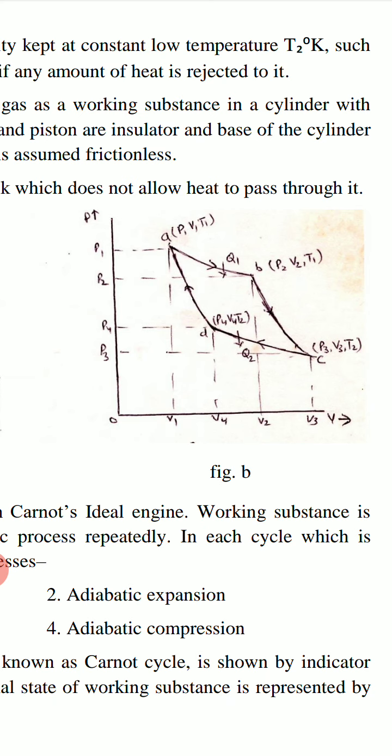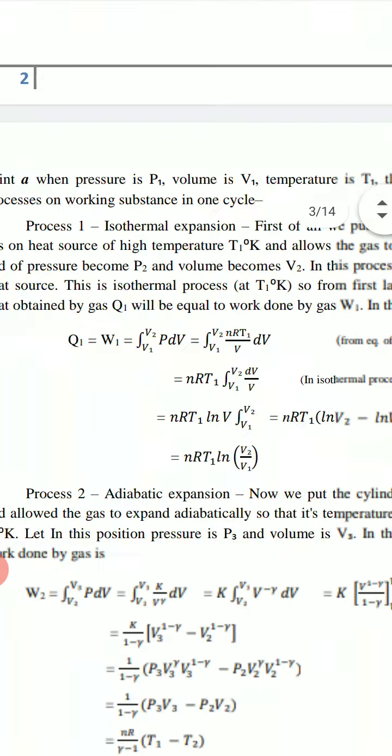So for these two processes, if we put the value of TV to the power gamma minus 1, we have these two equations.